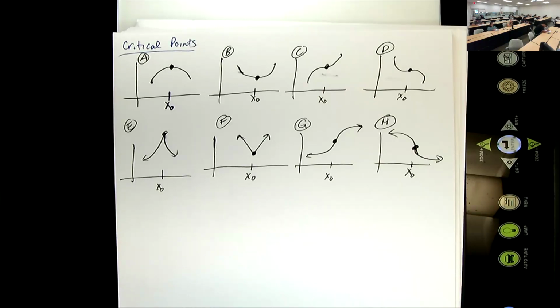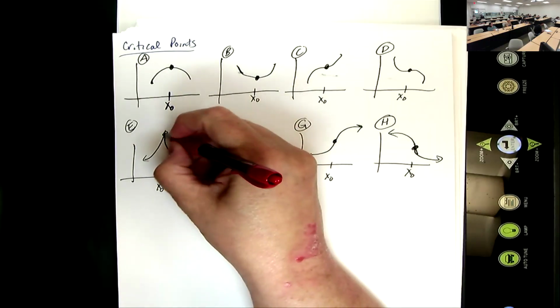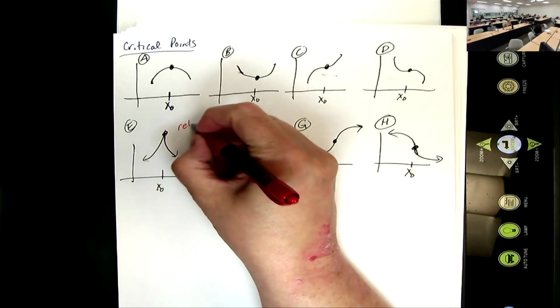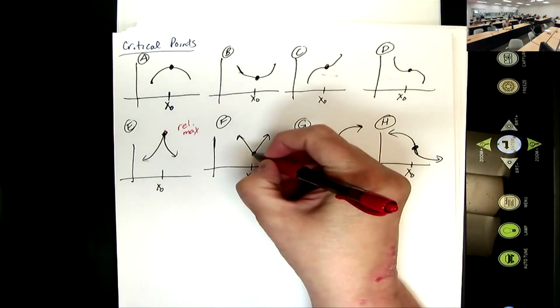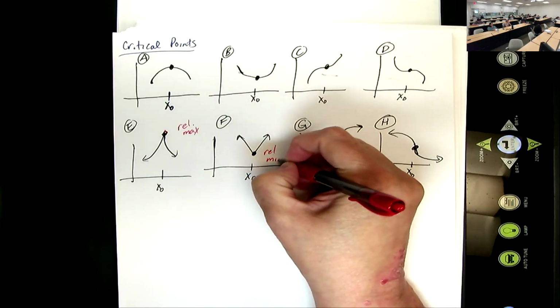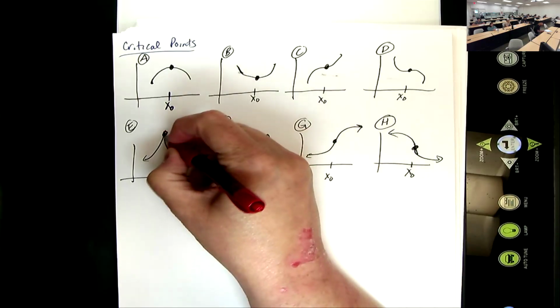Which of these have a relative max or a relative min? E and F have a relative max and min. Anything else?